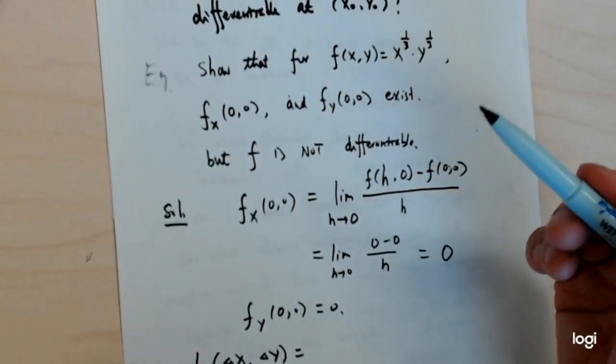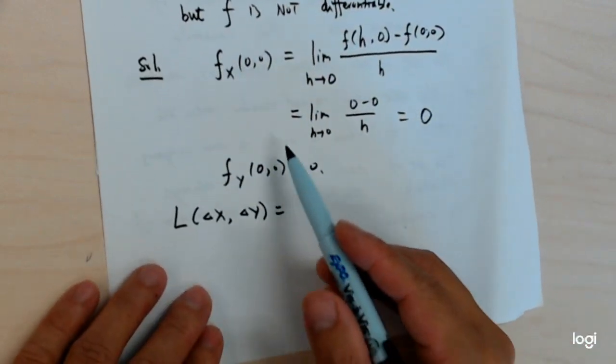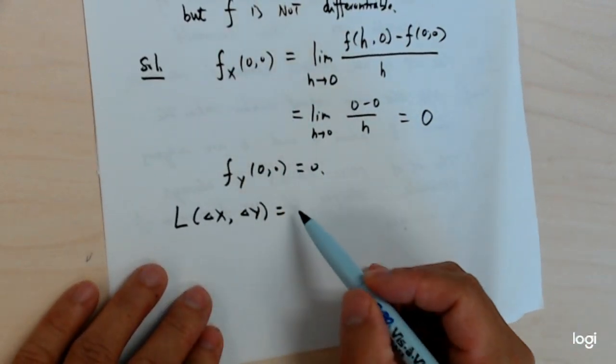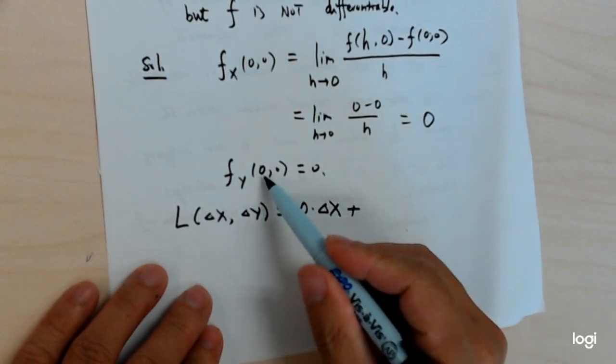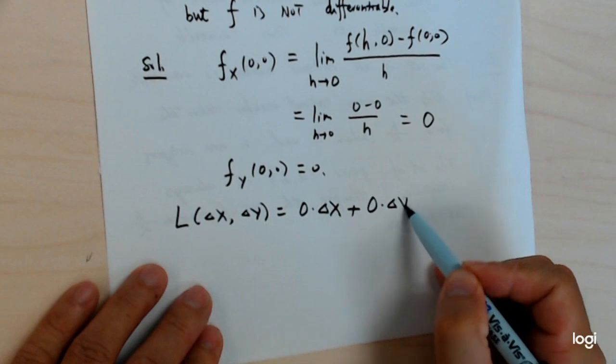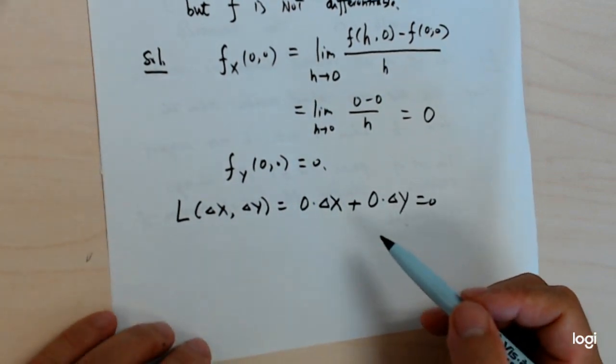So that linear error term, I want you to look that up. The linear error term is f_x at this point times delta x, and f_y times delta y. So the linear error is always 0.